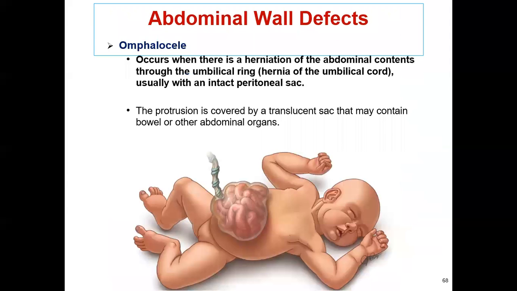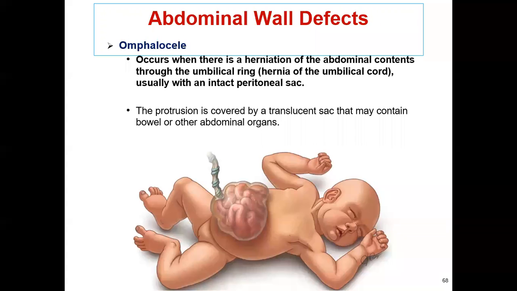Let me go back to my first page. Omphalocele occurs when there is a herniation of abdominal content through the umbilical ring, usually with an intact peritoneal sac.